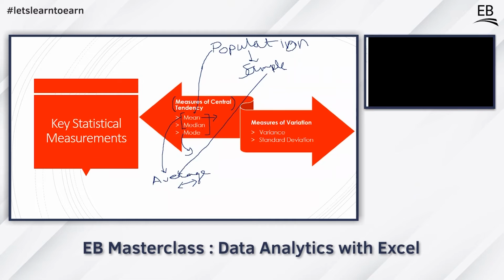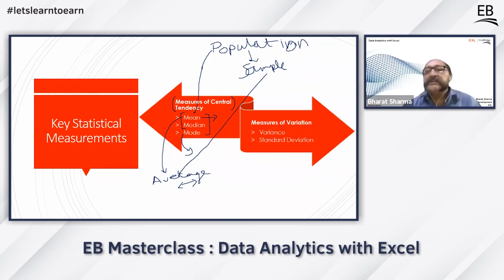You may sample it incorrectly. You may pull out samples which may not represent your entire population. Then you may end up making some errors, and hence they say that, how do you calculate average? Add all your data points, and divide by the number of data points.